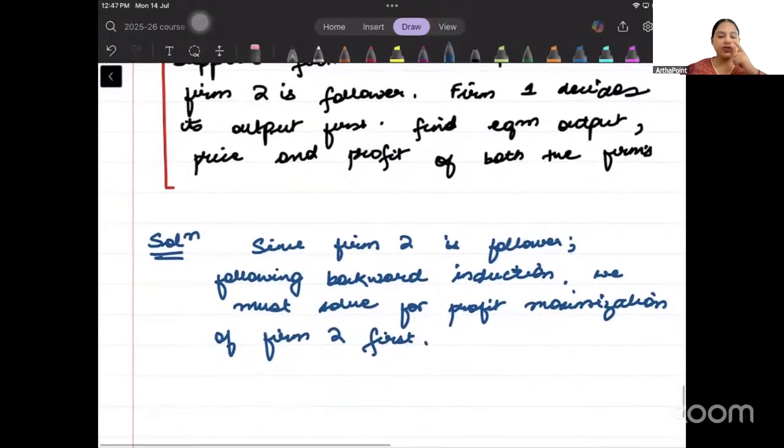Right. So now you have told the examiner that you know that you have to first solve for the profit maximization of firm 2 because this is a sequential game. And in a sequential game, you do backward induction. So that much has been informed by you to the examiner.